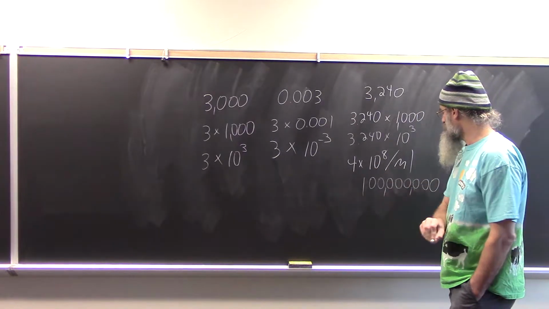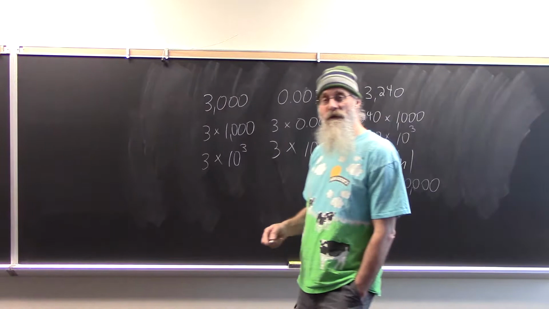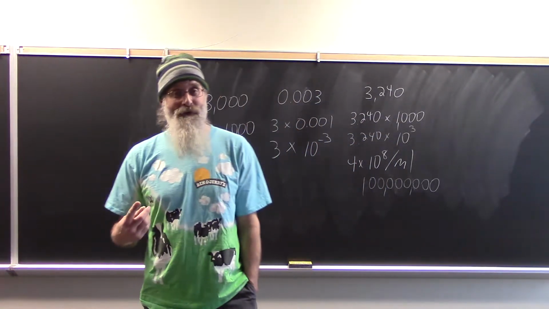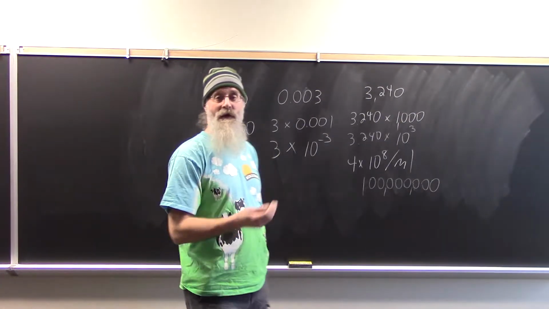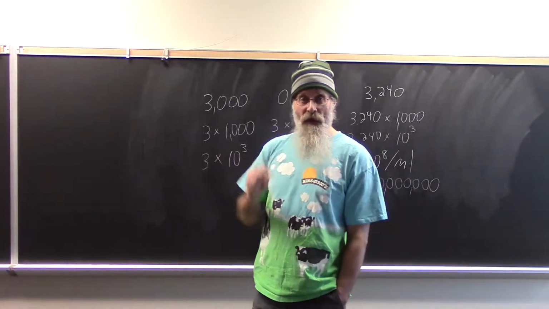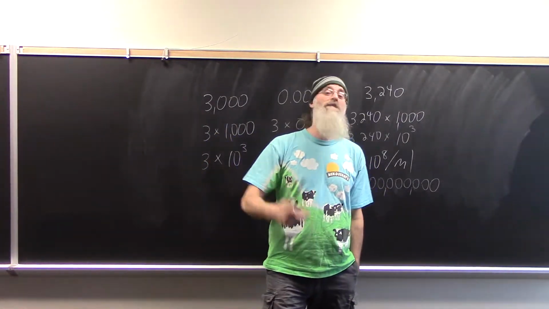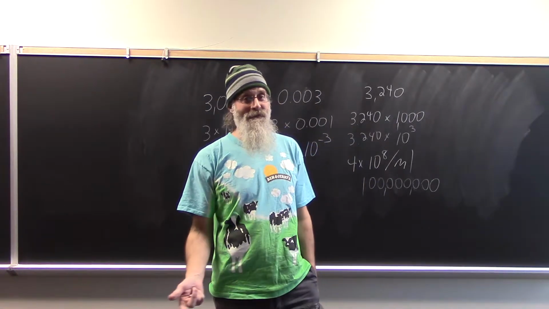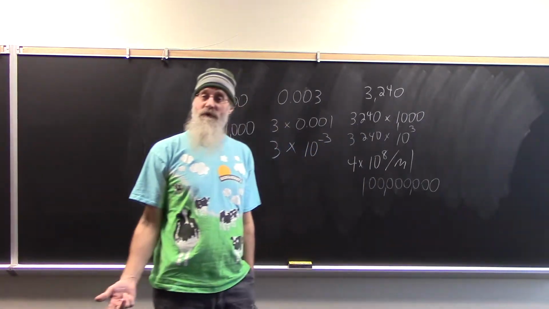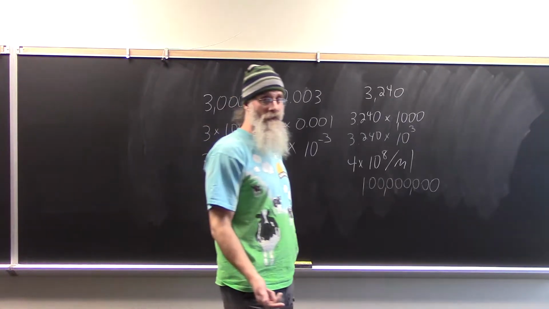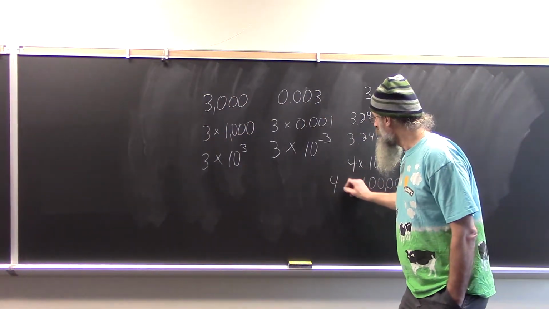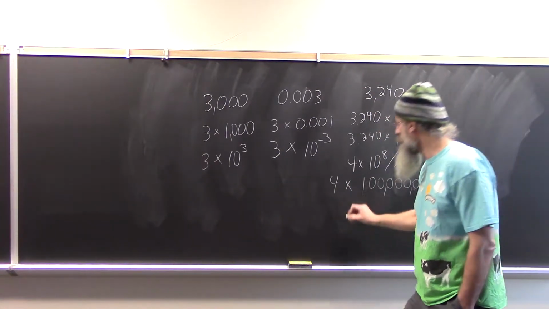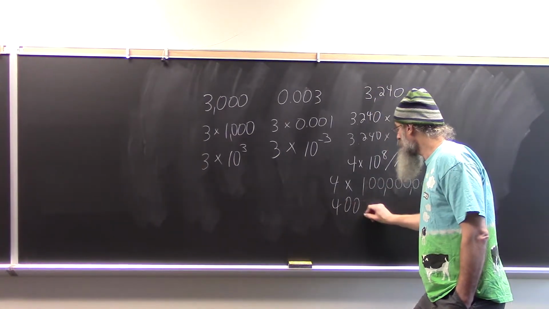There are little commas in there. So that's 100 million. Now I can do that in my head because I know 10 to the 6 is a million. And 10 to the 8 is 2 in the exponent higher than 10 to the 6. So it must be 100-fold higher than a million, so it must be 100 million. So this is going to be 4 times 100 million, or 400 million.